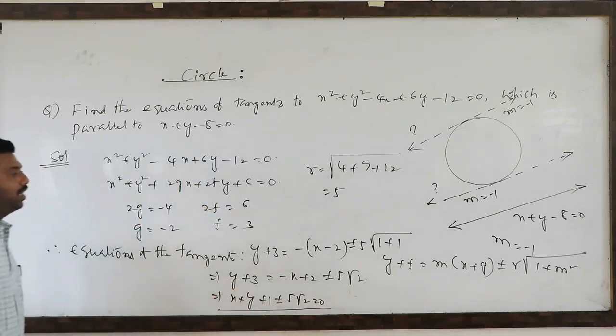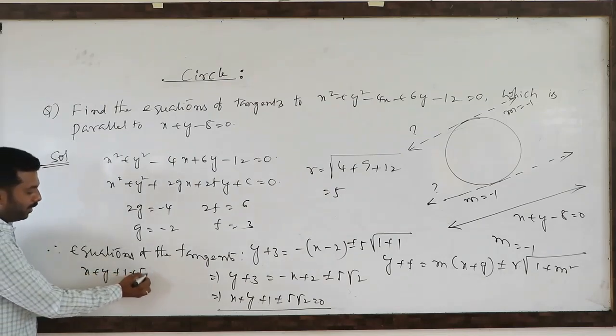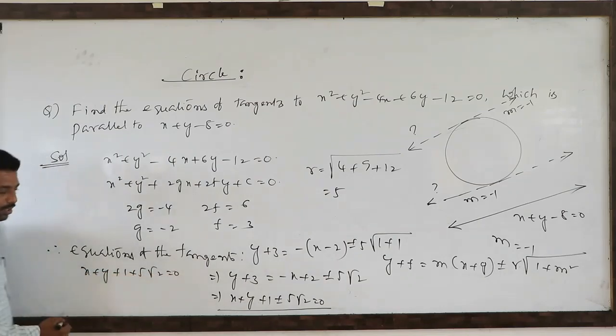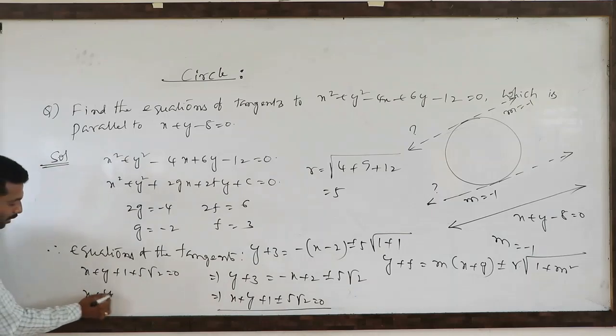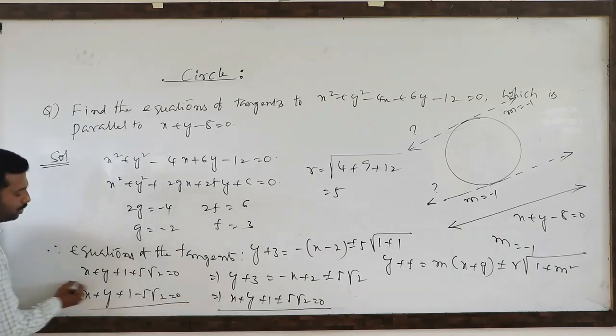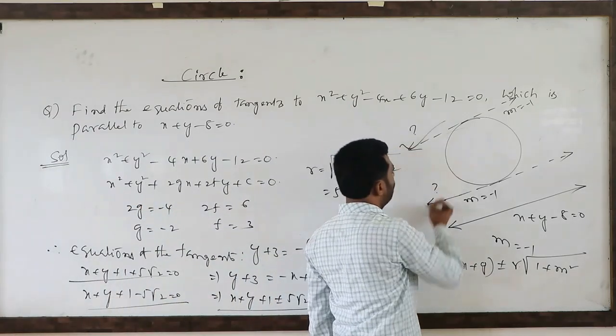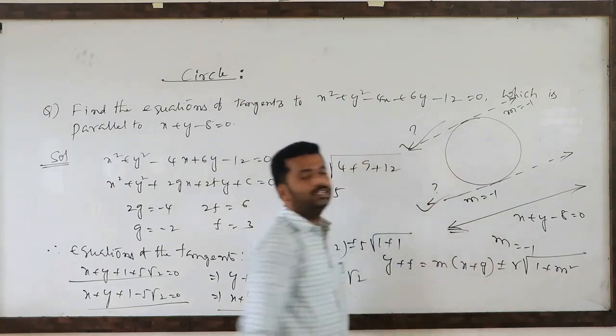There exist two lines. One is x plus y plus 1 plus 5 root 2 equal to 0. Another line is x plus y plus 1 minus 5 root 2 equal to 0. These are the two equations of the tangents which are parallel to this line.